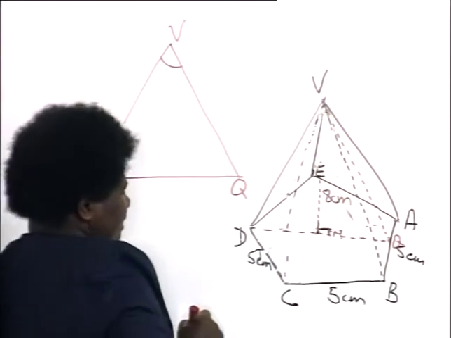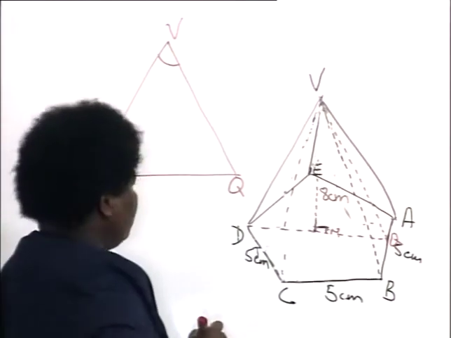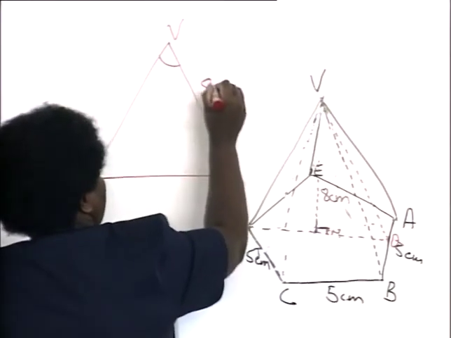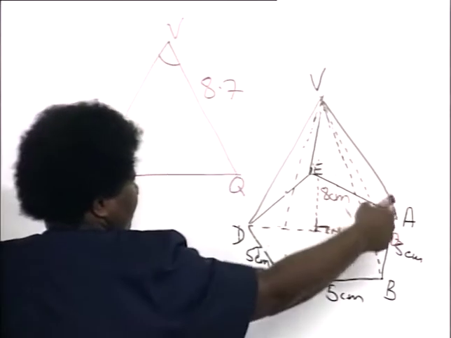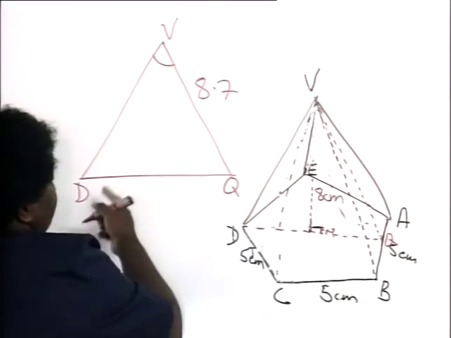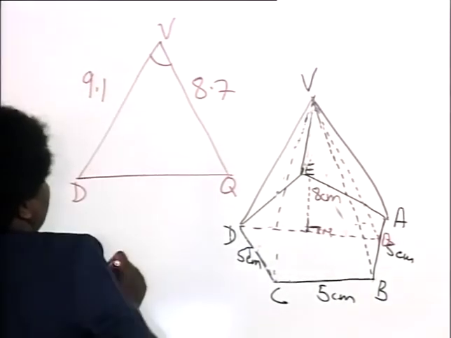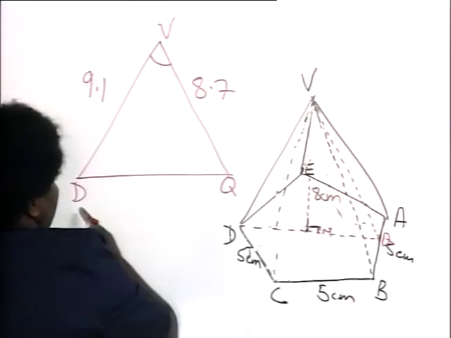Okay, VQ is the same as, VQ is supposed to be a length. Yeah, VQ is, no, not 9.1, 8.7. That's VA. VD is 9.1. What about DQ?